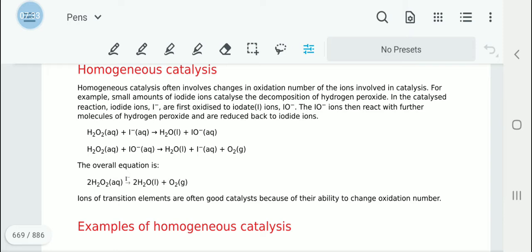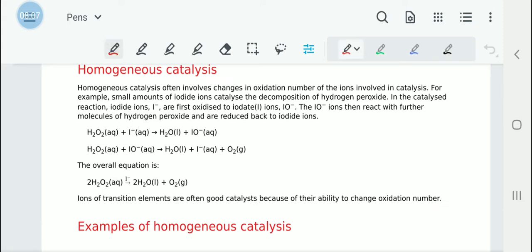Iodide ions are first oxidized to IO- ions, which react further with hydrogen peroxide to break down the hydrogen peroxide and are converted back again into iodide ions.